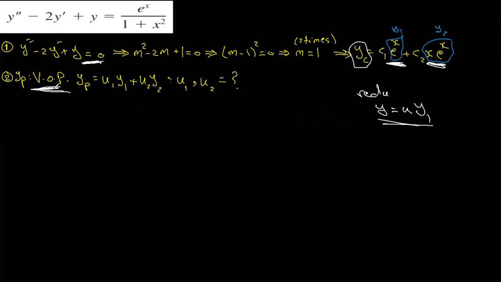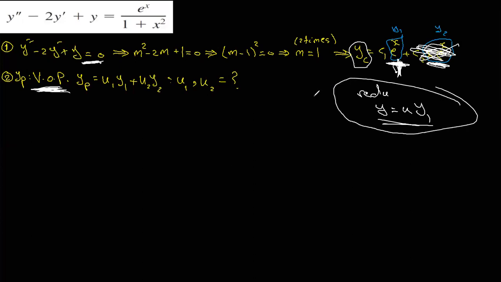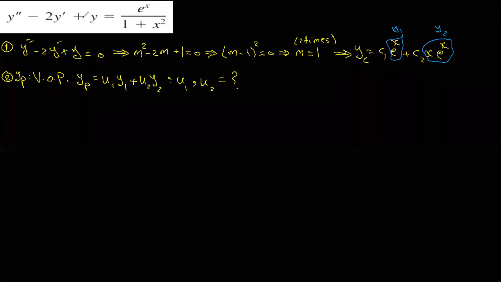But if you use the variation of parameters, you need 8 minutes. So you will save 2 minutes when you have two solutions. But if you have only one solution and you don't have the other, at that time you must use reduction of order, and the variation can't help. Okay? Now, let us continue.